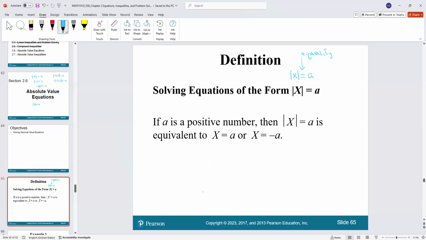If a is positive, remember, it's the absolute value of a number, so you cannot say the absolute value of x would be equal to -3. That's not true, right?